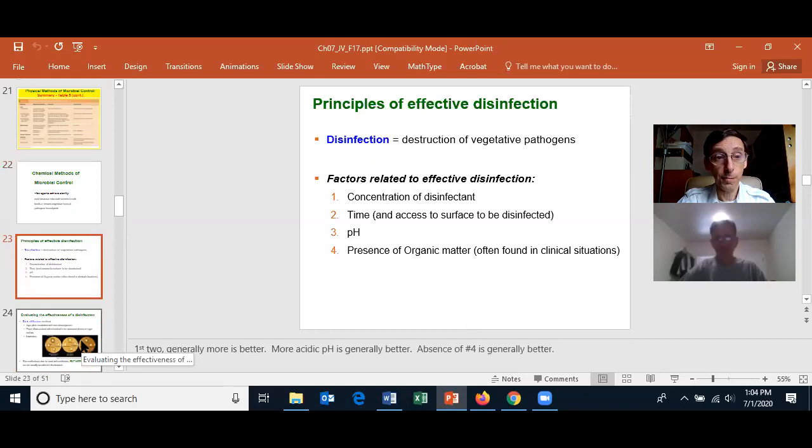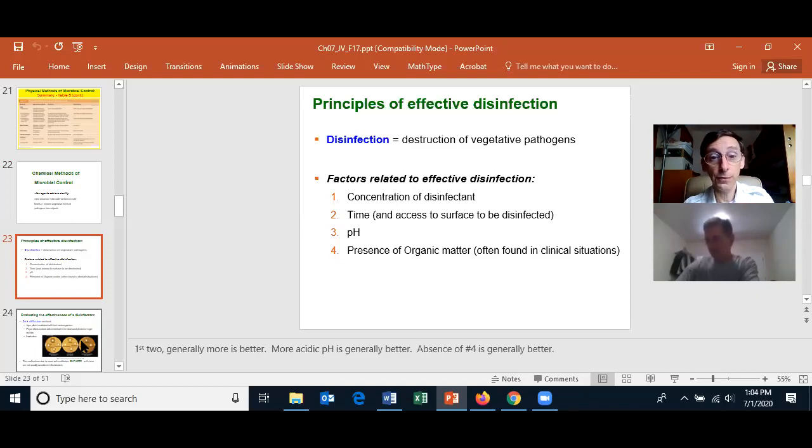So the chemical methods for disinfection are the compounds that you're familiar with in cleaning your house. Disinfection is the destruction of vegetative pathogens. It does not usually remove endospores. There are some agents that do kill endospores, and I'll briefly talk about those.